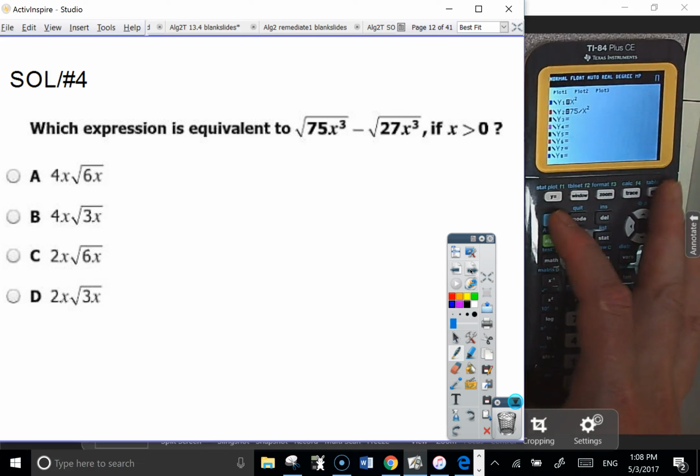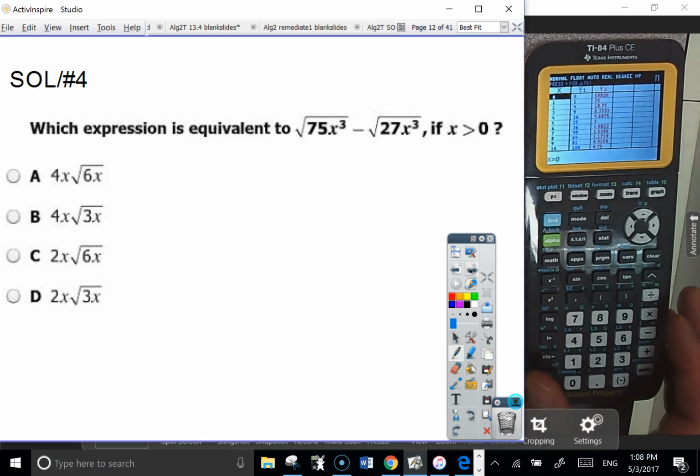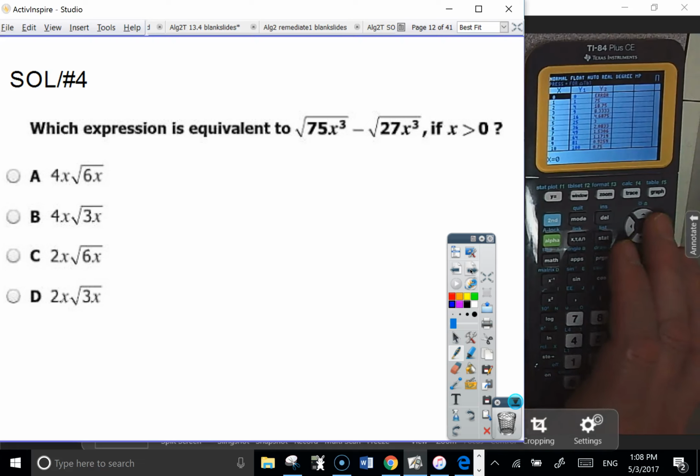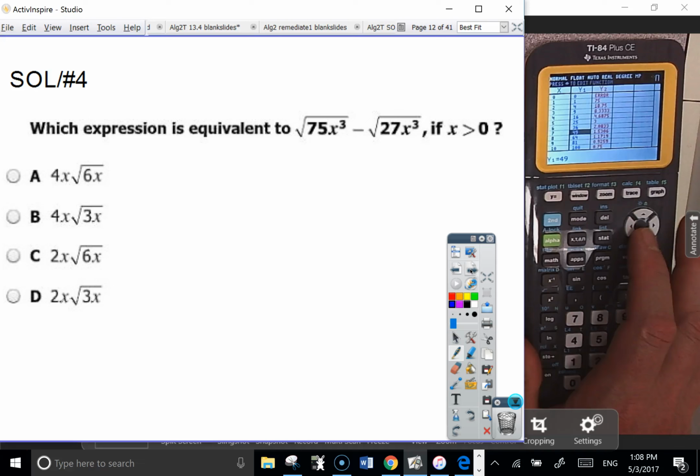Then you go to the table of values. You go down the first column, the y1 column, the blue column, and look for 75. If you look, it goes 49, 64, 81. Right there it just jumped over 75.